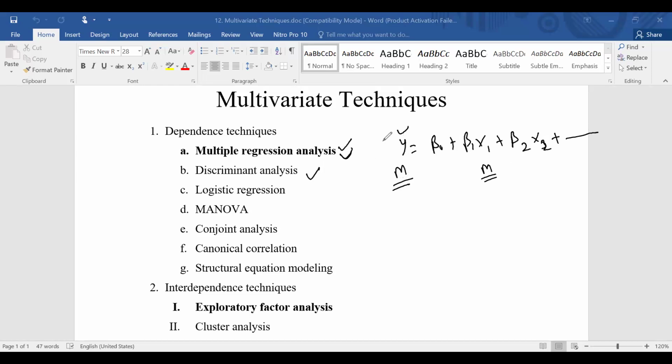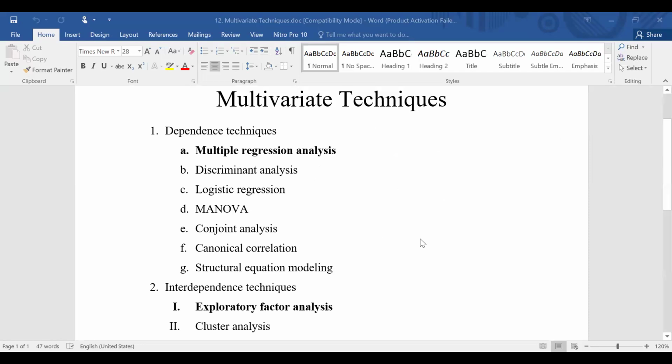But in discriminant analysis, it classifies data into two groups. So the dependent variable should be non-metric, categorical or nominal scale data, and all the other independent variables should be metric. So each statistical tool and technique has its own assumptions.